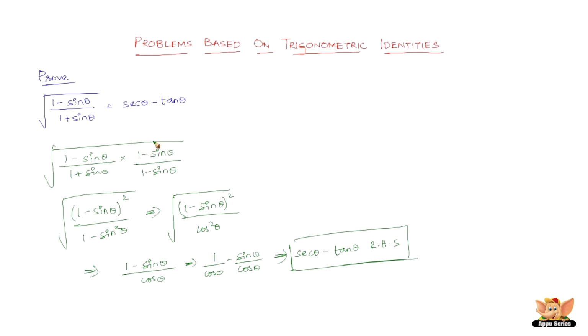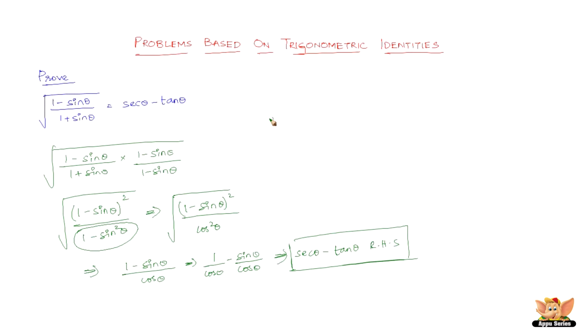Briefing you about this problem, the first thing is to look and take out the square root symbol. To take out the square root symbol, you need to somehow make squares inside and just figure out a way to make squares inside. This is what I've done. You see if you can do something else. And this is where we end up. The most important thing here is to remember that 1 minus sine square theta equals cos square theta.